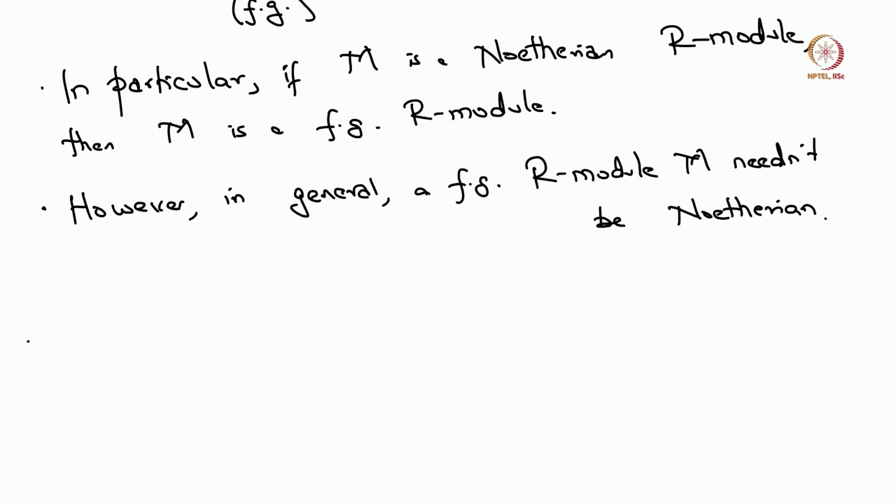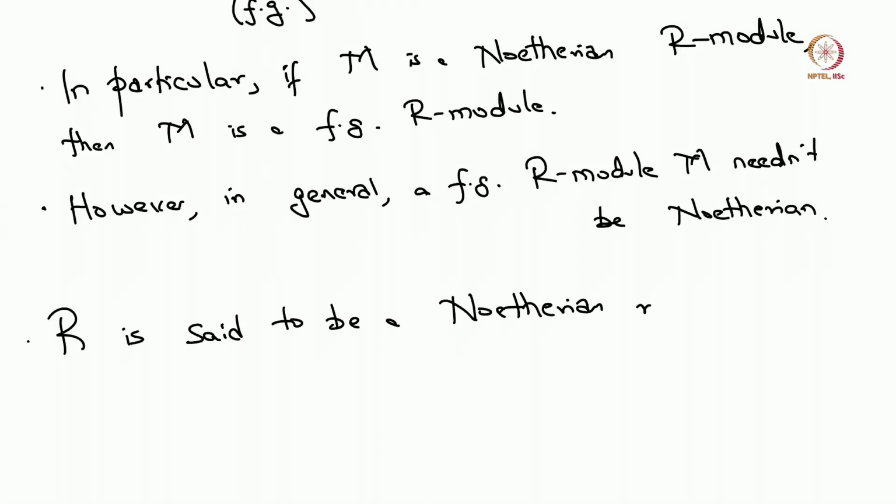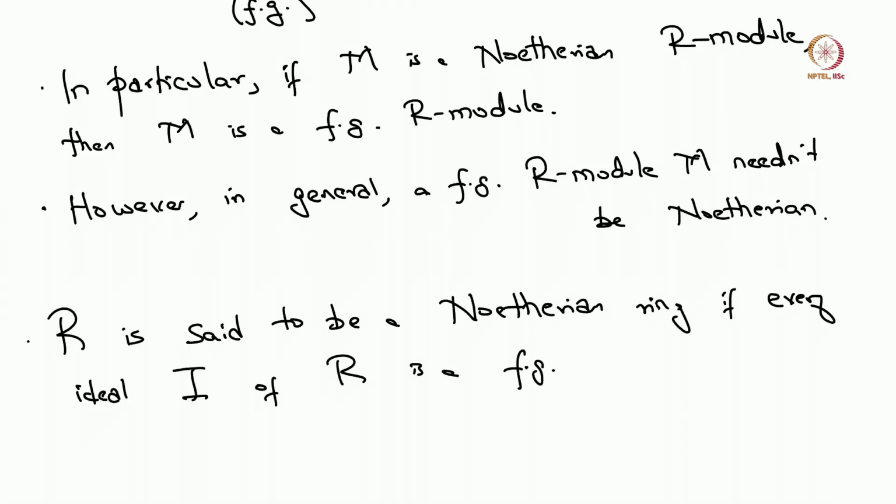Now, however, if you have a Noetherian ring, so R is said to be a Noetherian ring if every ideal I of R is a finitely generated R module. So in other words, as a module over itself, R is finitely generated.